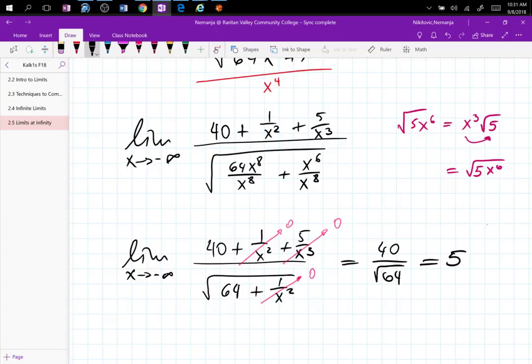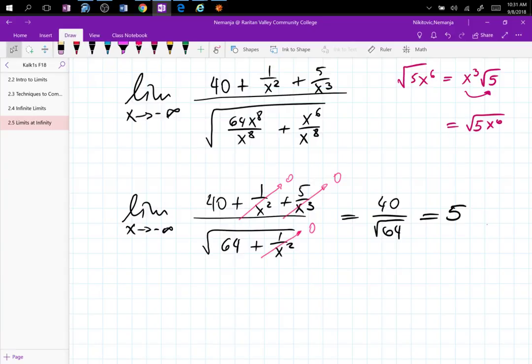So, be careful when you have square roots and cube roots and those guys around, because that will adjust the exponent that is under that root. And that's that. Let's take a look at problem 20.